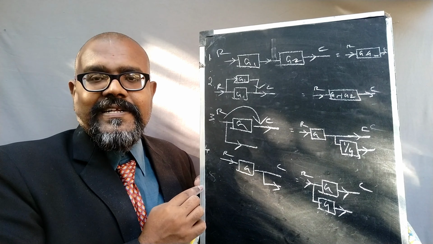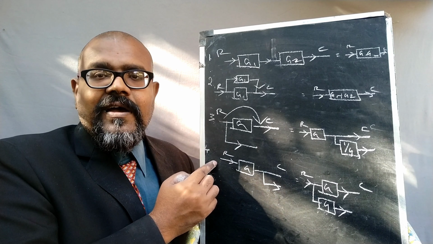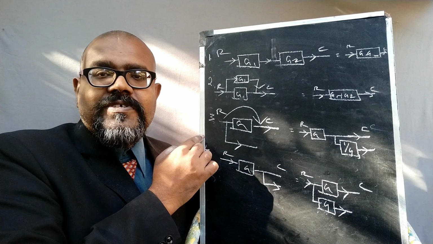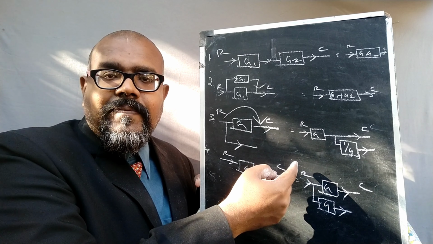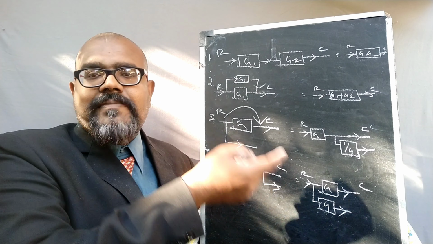Then the fifth and sixth conditions. Here we saw the branch point. In the fifth and sixth conditions, we are going to see the summing point. What is the rule for moving the summing point ahead of the block, and what is the rule for moving the summing point behind the block?